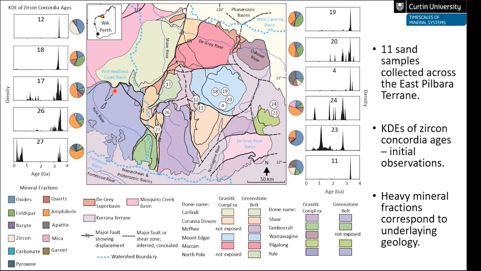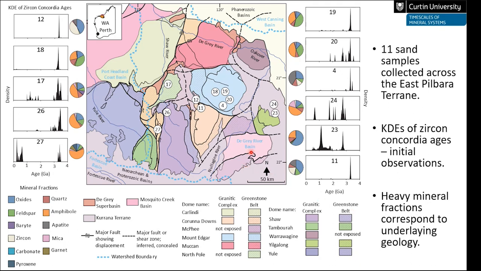Whereas those collected above greenstone, so for example, sample 17 or sample 27, have more varied age components as opposed to the granitoid domes. And it's also important to note that ages obtained from underlying geology and overlying sand need not be congruent. They can actually be significantly different.